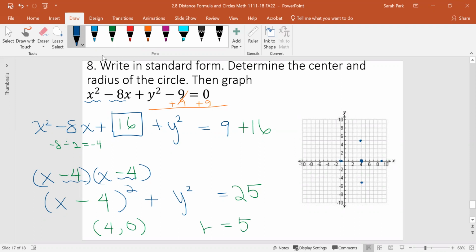Here's our circle. For these types of problems, you're going to get more practice in this week's assignment. So just make sure you follow these steps and you should be able to find the domain, the range, the center, and the radius.